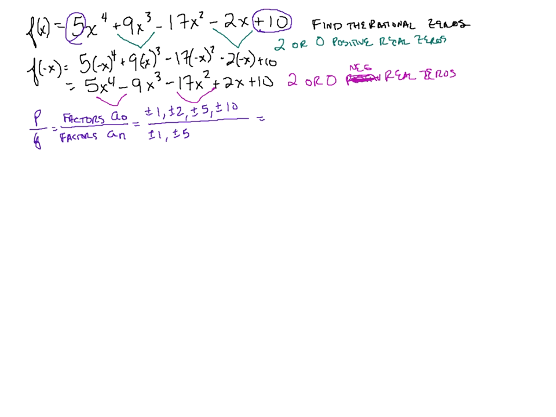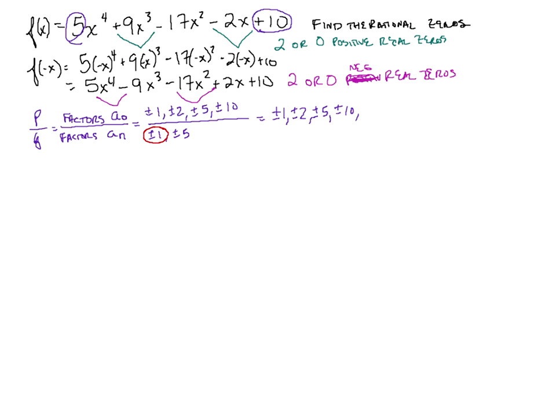Since I am dividing each of the factors in the top by a factor of 1 or negative 1, that's just going to leave all of those factors in the top as possibilities. So far, I have the possibilities of positive negative 1, positive negative 2, positive negative 5, positive negative 10.